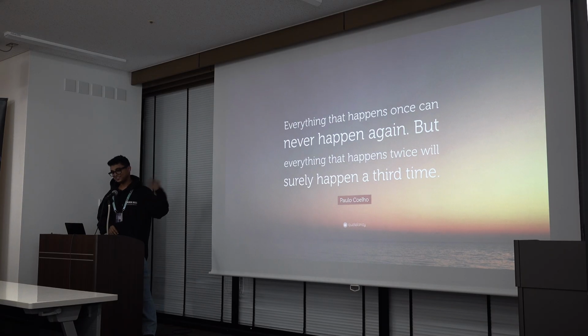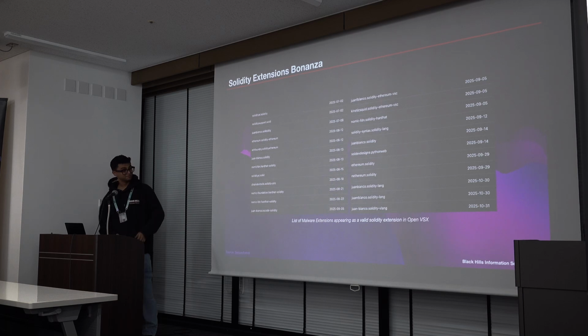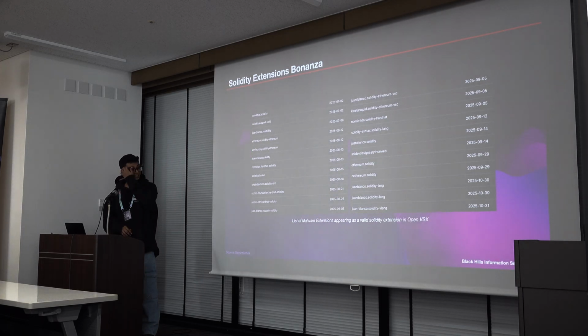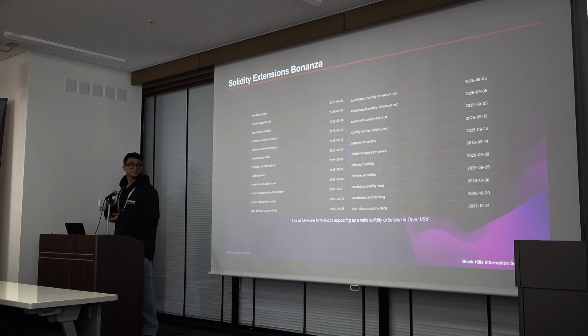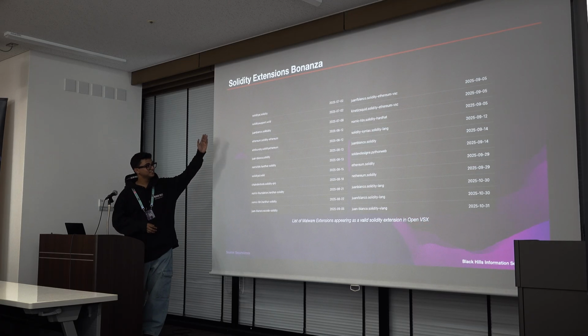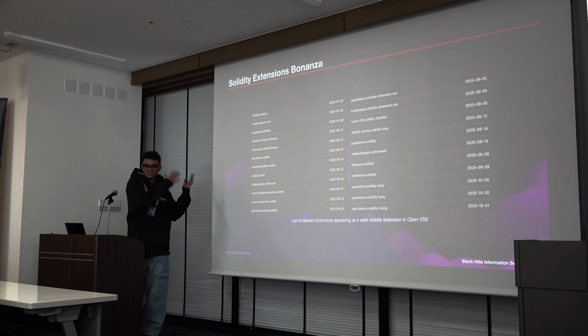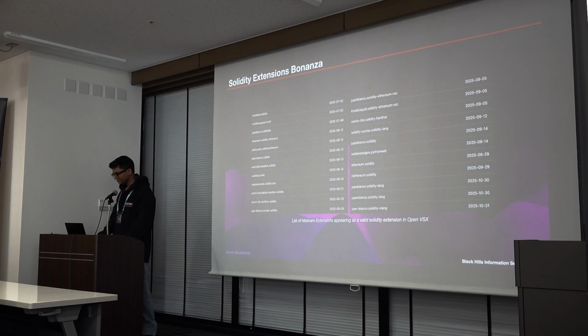And we've already seen 3 extensions, and these are all the other extensions which use the same trick to target developers, cryptocurrency people. You can see it's a combination of the original extension name plus Solidity in some way or the other.